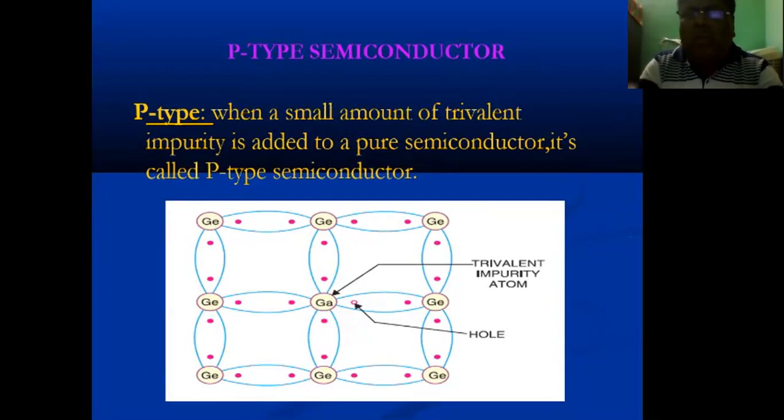When these impurities are added to a pure semiconductor, it becomes a P-type semiconductor. My dear students, please remember.